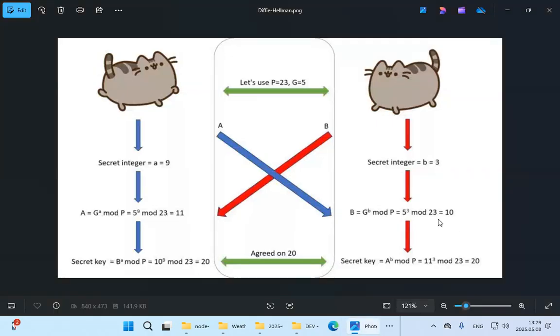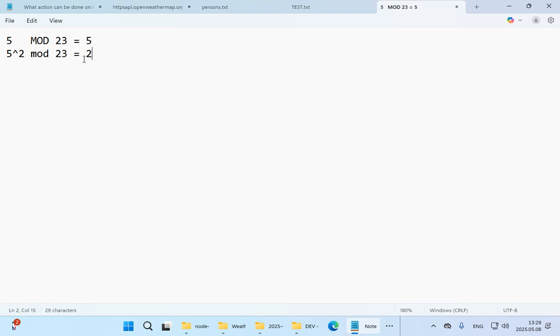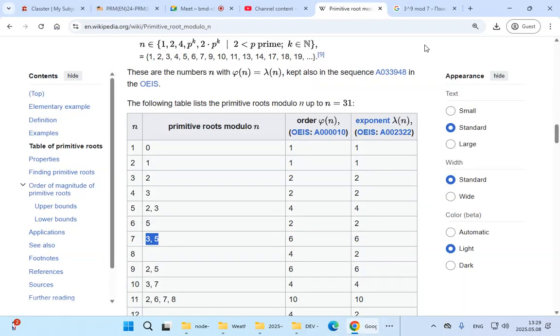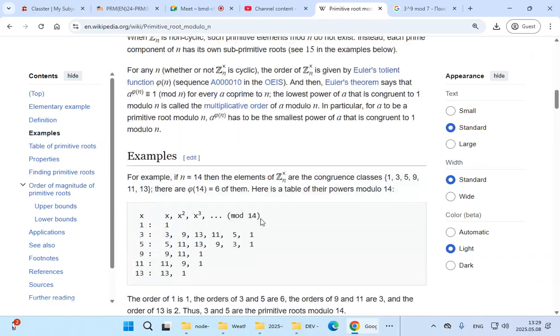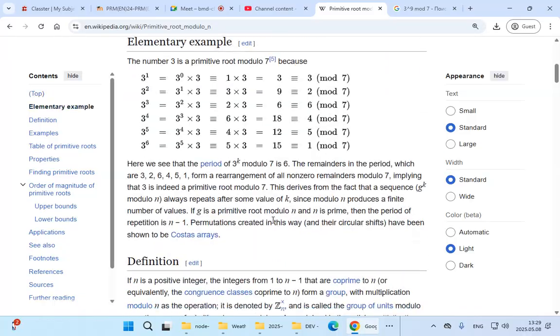You can see here how they calculate this. For example, 3 to the power of 1, you calculate modulo 7, it is 3 to the power of 0 times 3, which is 1 times 3, so it is just 3 modulo 7.